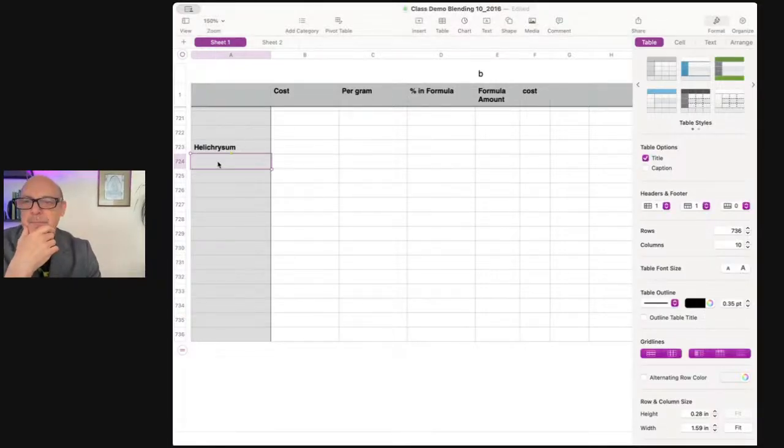The reason I choose helichrysum is because it is the ideal essential oil for all skin conditions. It's one of the most potent anti-inflammatory essential oils and one of the best for cell regeneration. For wound healing, any kind of damage on the skin surface, it's one of the best oils for healing, and also for aging. The new terminology they're using is pro-aging, which I'm not a big fan of.